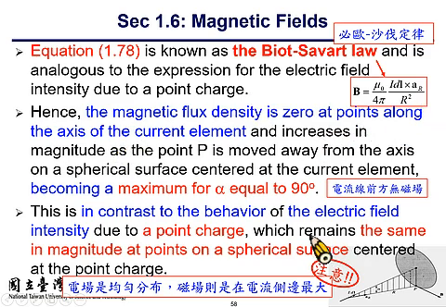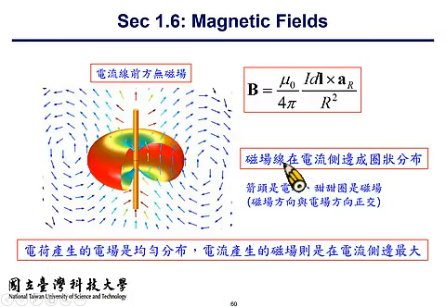So next are some observations. The first observation is that the magnetic flux density is not distributed evenly in the space. Unlike Coulomb's law, which produces an electrical field with a distribution similar to a sphere, the distribution of magnetic force for a point source, for a short piece, is actually somewhat like a donut shape like this, because of the current direction.